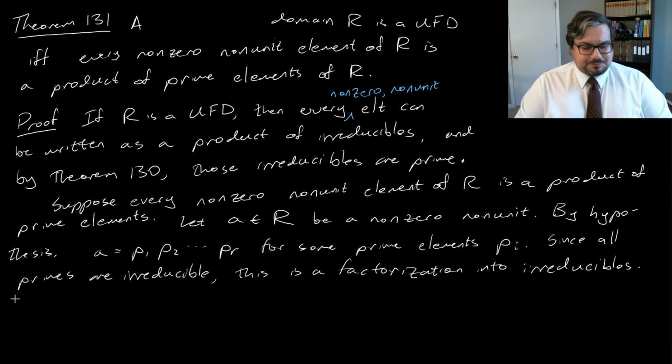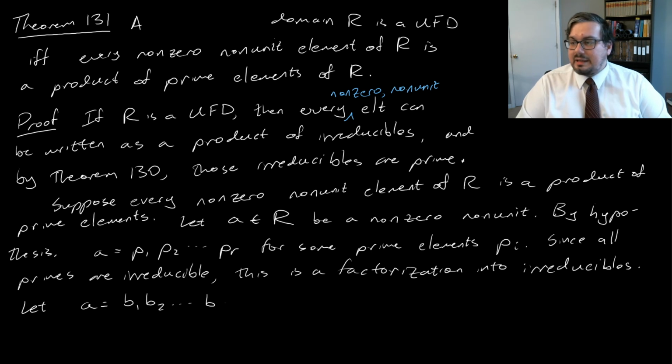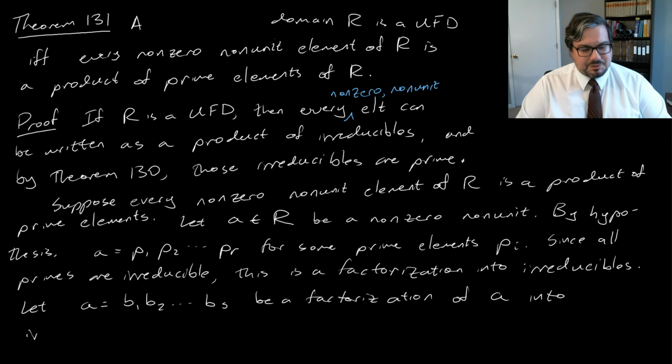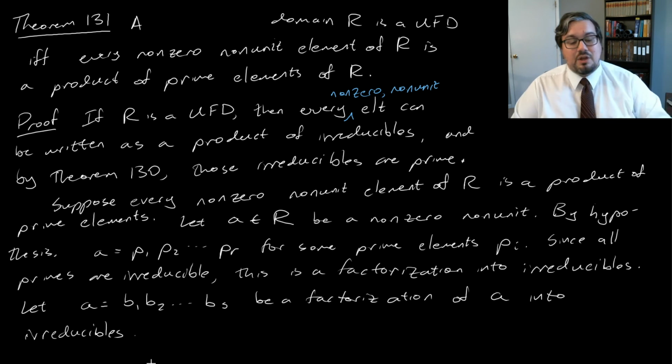So we can let A equals B1, B2, up through BS be a factorization of A into irreducibles.